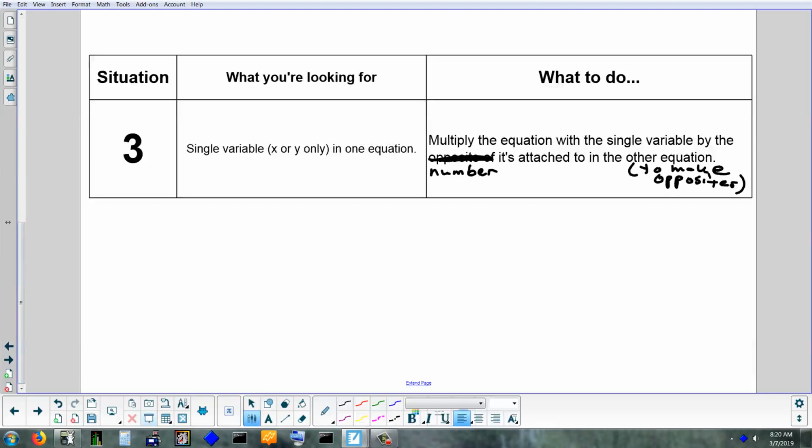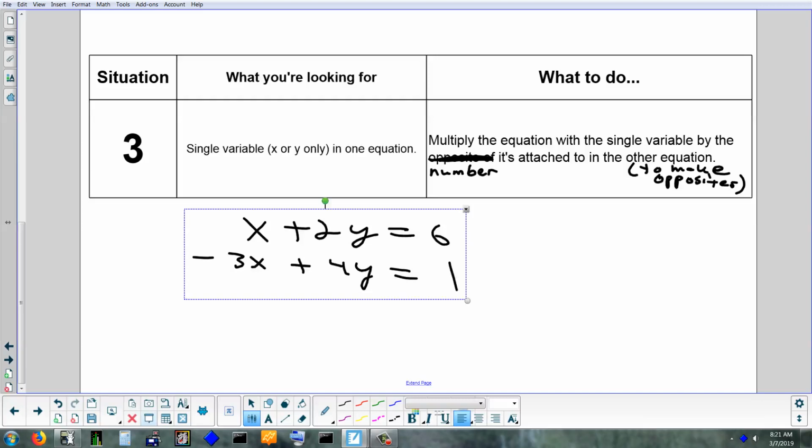So if you had something like this, x plus 2y equals 6, -3x plus 4y equals 1. That's a case 3. You have a single variable in one equation, and you have to multiply this equation with the single variable by the number attached to the other equation to make opposites.